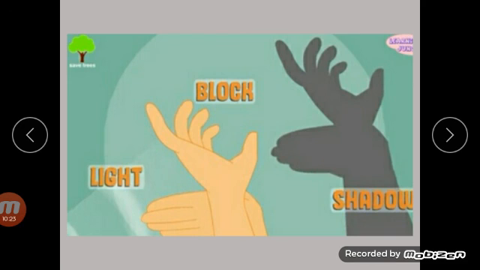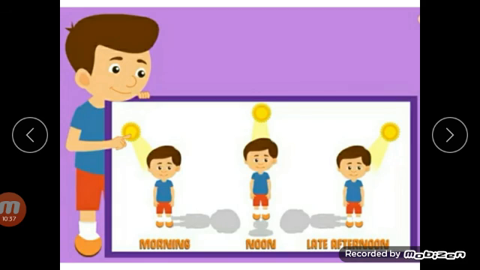Now we were talking about how the shadow changes with the position of the sun, the source of light. How the shadow changes its position, you can see with the help of this image.